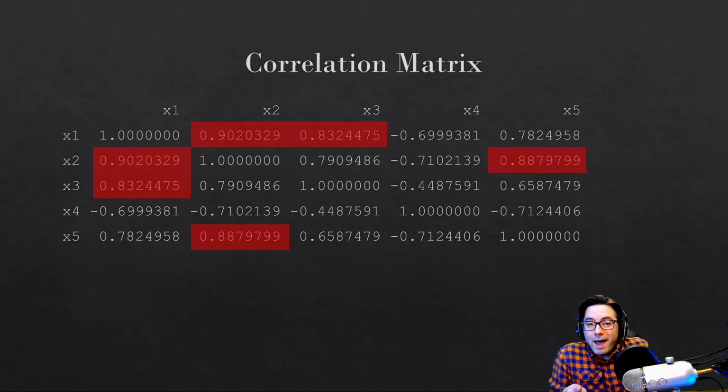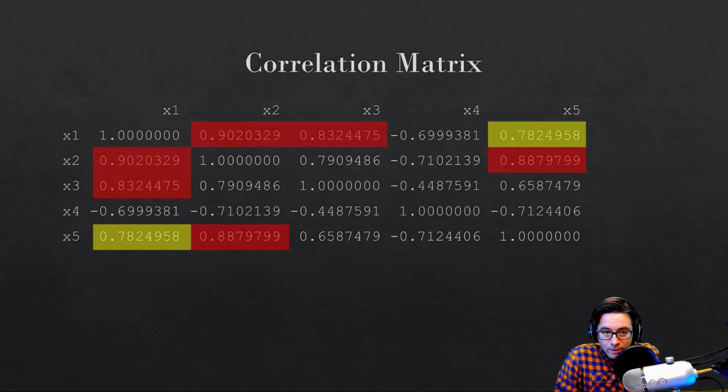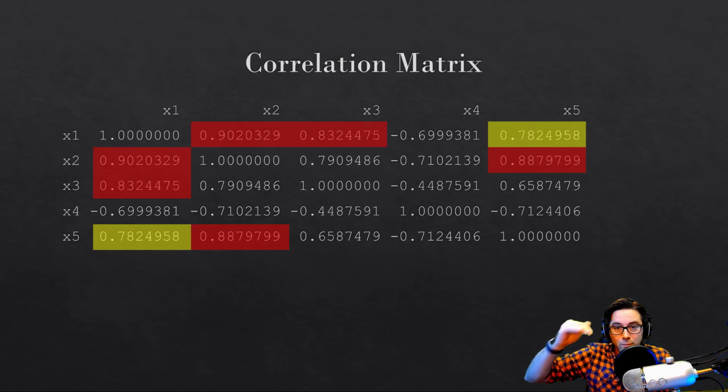But if you remember back, it was model 2 that we liked the best. So these are the ones tied to model 2. Model 2 had just X1 and X5. And so notice that the corresponding values for X1 and X5 in the matrix, those are the yellow ones, are under 0.8.